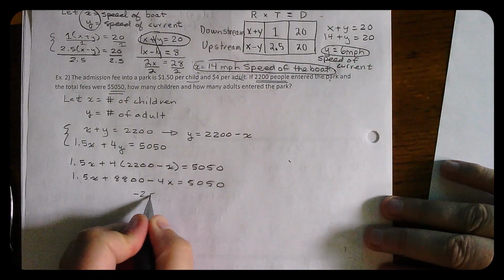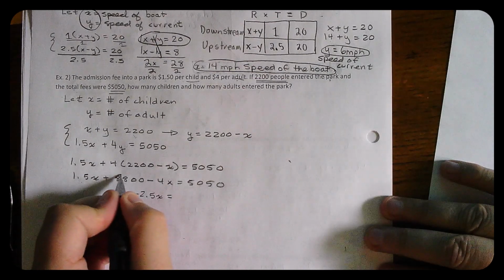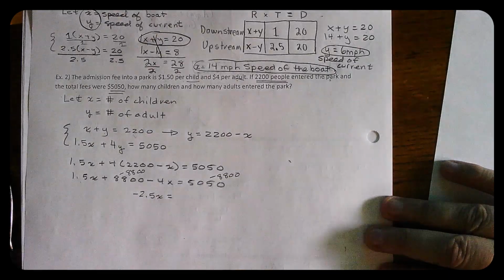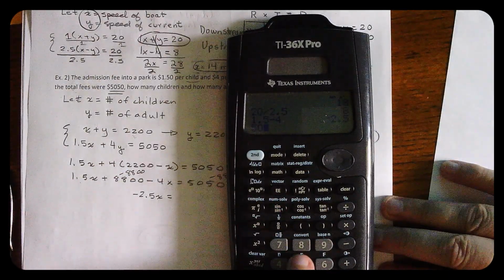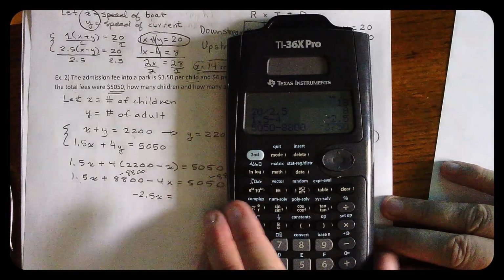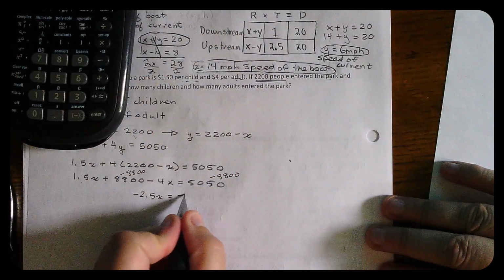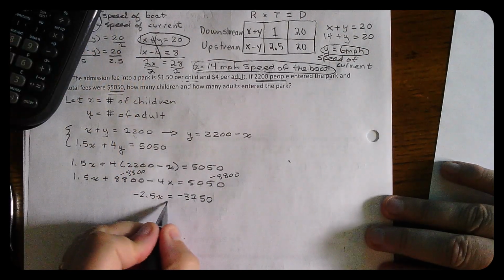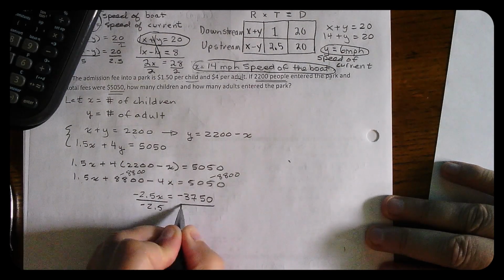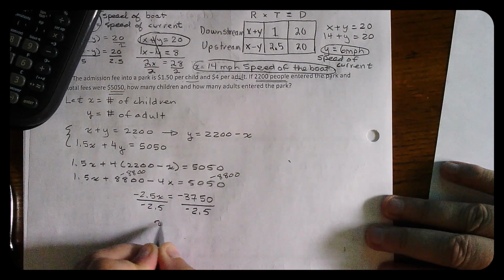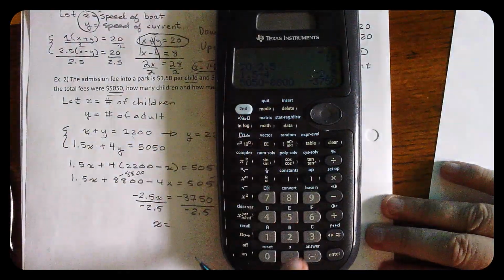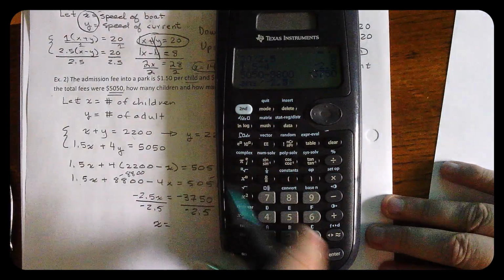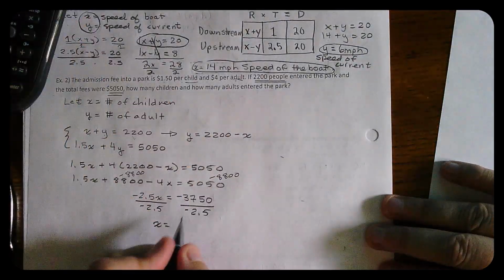I used to get nervous when I got a negative on this side, but that's okay because when I subtract 8800, I get a negative on the other side. So 5050 minus 8800 equals negative 3750. So yeah, x has to be positive. X is the number of children, but when I divide by negative 2.5, a negative divided by a negative is a positive. So divide by negative 2.5, and we get x is 1500.